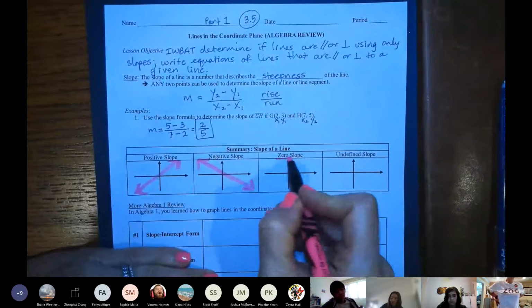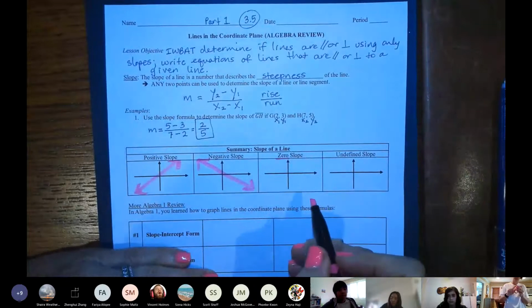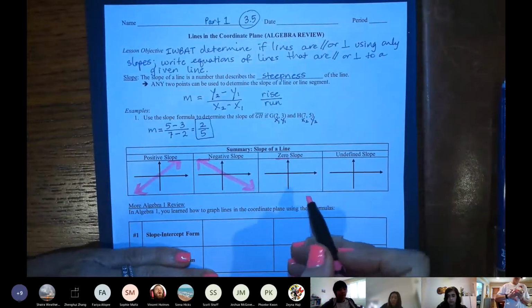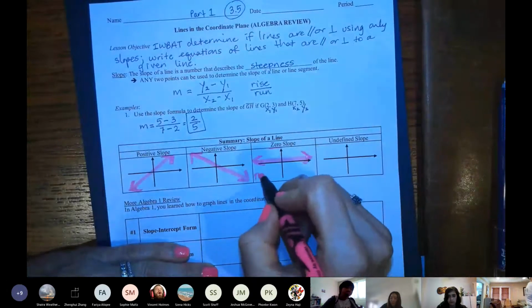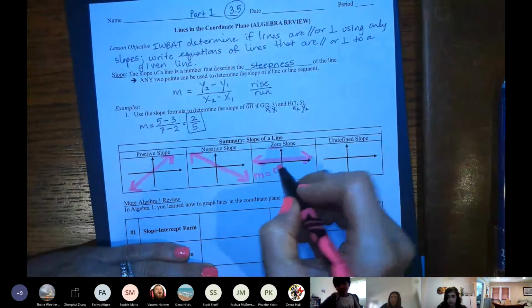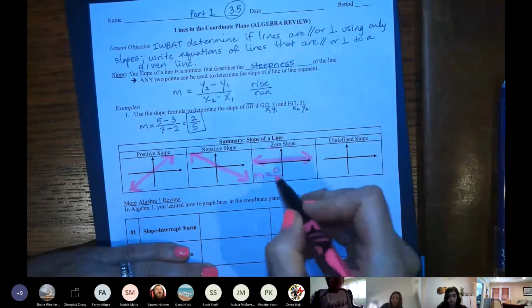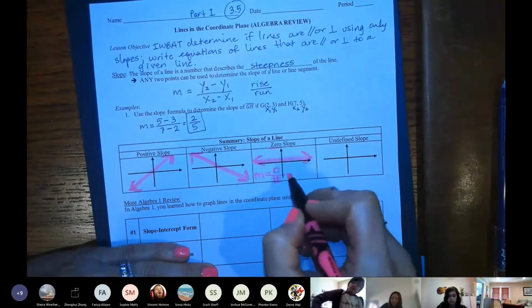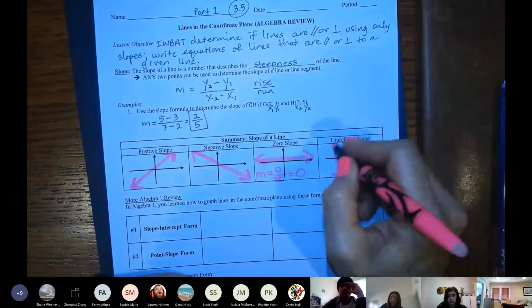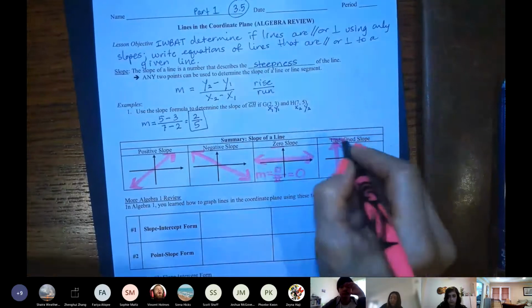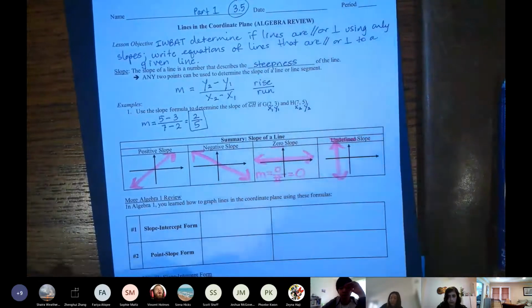Another one in particular is zero slope, which means no slope at all. Okay, so a zero slope looks like this, straight across. Part of the reason for that is that there's zero rise, which means any number that goes into 0 is going to give you a 0 slope. And then finally, anytime you have something like this, that means undefined, because there is no hill here.